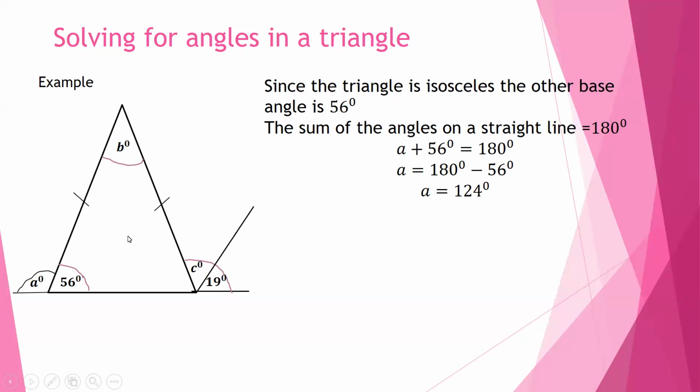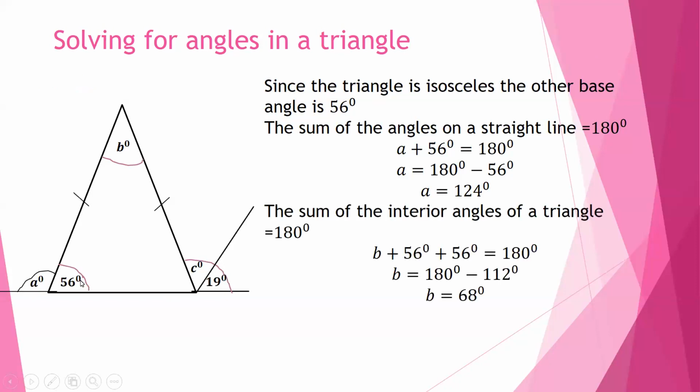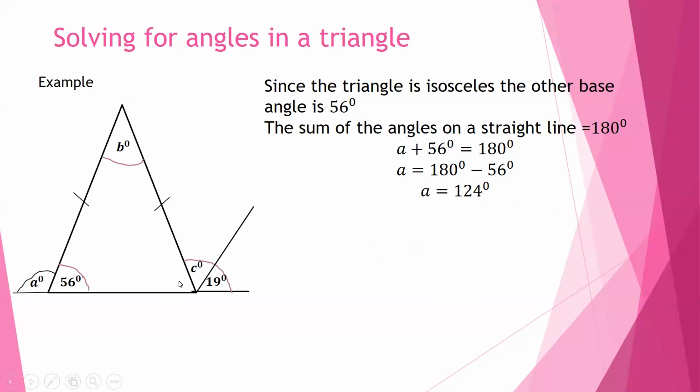So if it's isosceles, that means we have here 56 degrees. That means this particular part will also be 56 degrees, right? So we have 56 degrees here, and we have 56 degrees here.